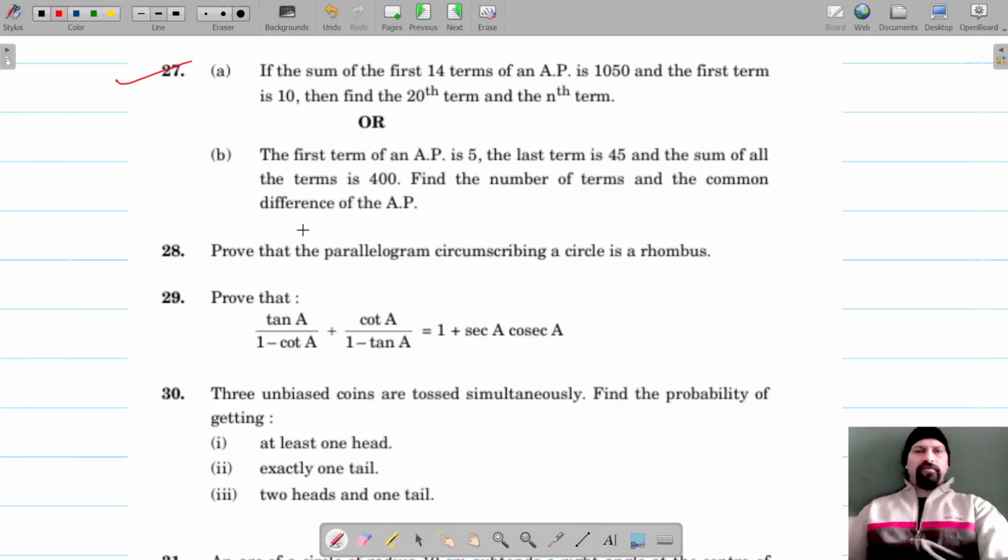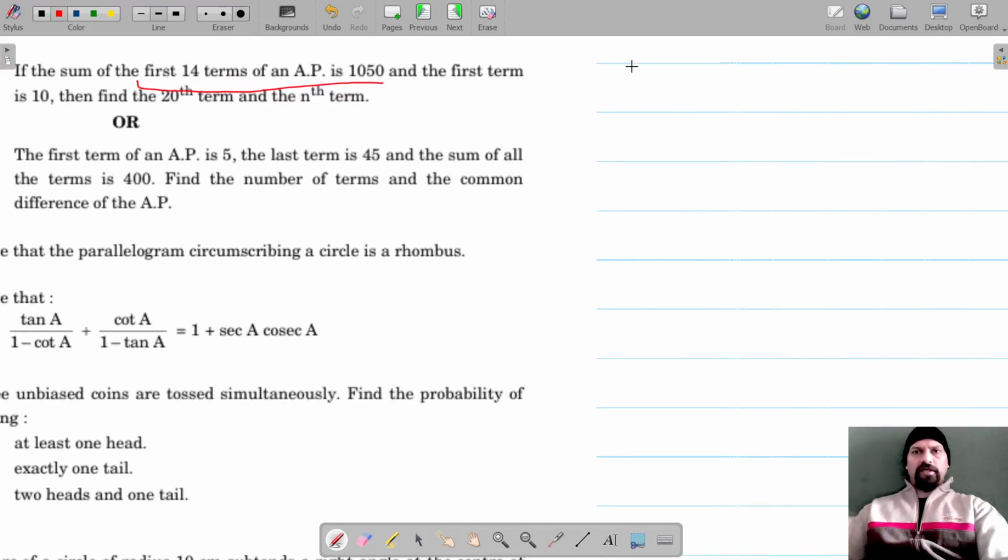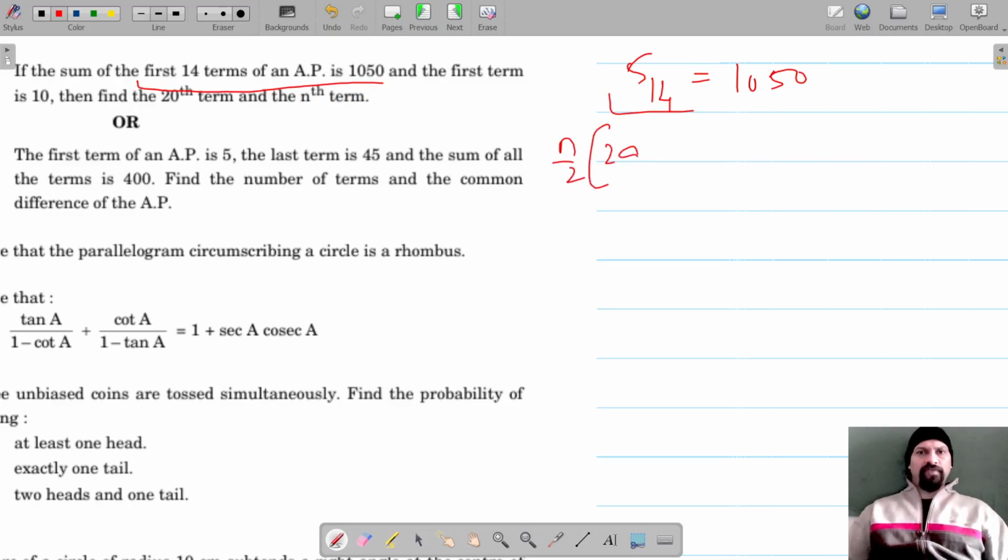For question number 27, part A, it's given that the sum of the first 14 terms of an AP is 1050. So let's use the formula here. Sum of the first n terms is given by n by 2 into 2a plus n minus 1 into d.